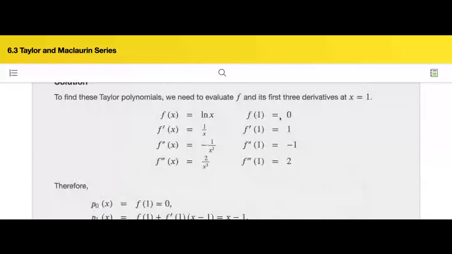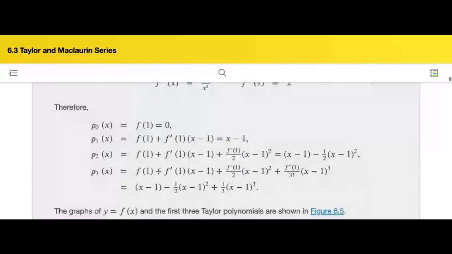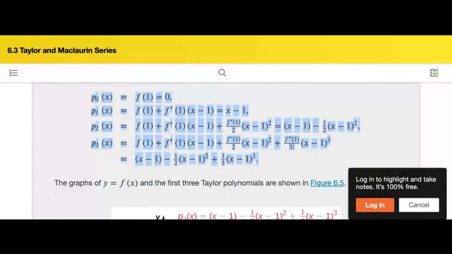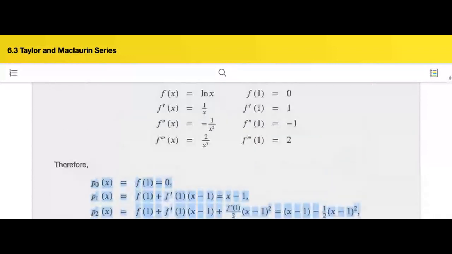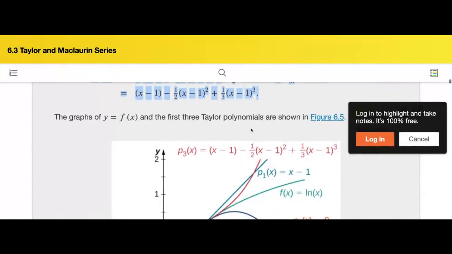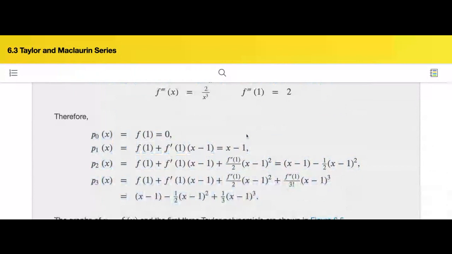You see f of 1 equals 0, and f prime of 1 is 1. So this one simplifies, we just get x minus 1. And we plug into the second one: f of 1 is 0, f prime of 1 is 1, so we just get x minus 1, which is here.